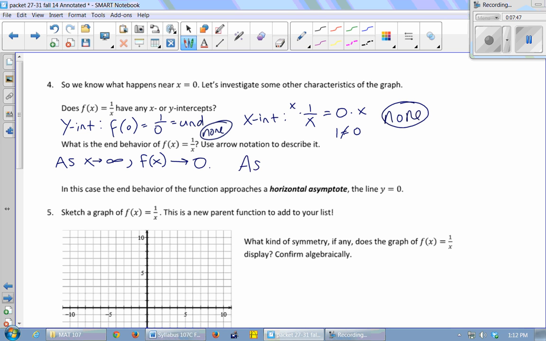And then as x approaches negative infinity, what's happening to f of x? It's still approaching 0. It's just coming through negative numbers towards 0. Here I was approaching 0 through positive numbers. So we have something called a horizontal asymptote because the end behavior at both ends is 0. It's called a horizontal asymptote.